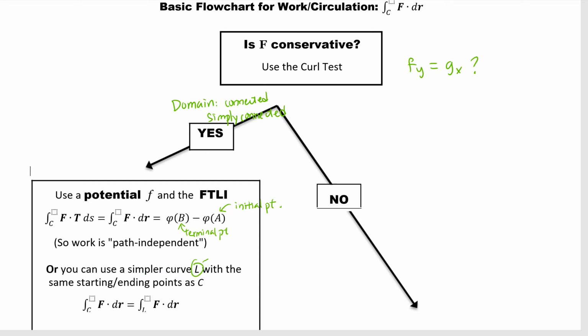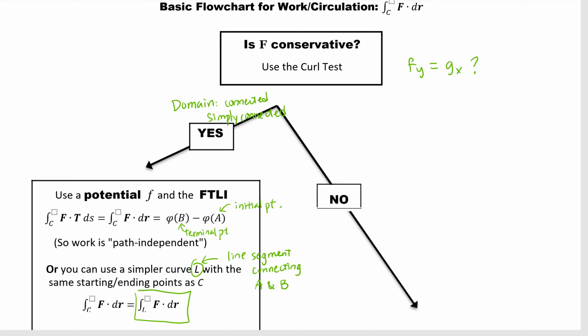Okay, you can think about L as a line segment connecting A and B. So if the vector field is such that it is hard to find the potential function, then you can compute the line integral on this curve L, on this line segment.